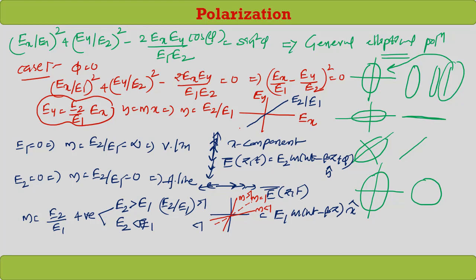Okay. And one more thing is also there. It is not enough. This entire thing is possible when you take phi is equal to 0. Okay. This is important here. So simply we can tell now that linear polarization, or vertical polarization, horizontal polarization is obtained when you take phi is equal to 0. But when you take phi is equal to 180, what will happen?